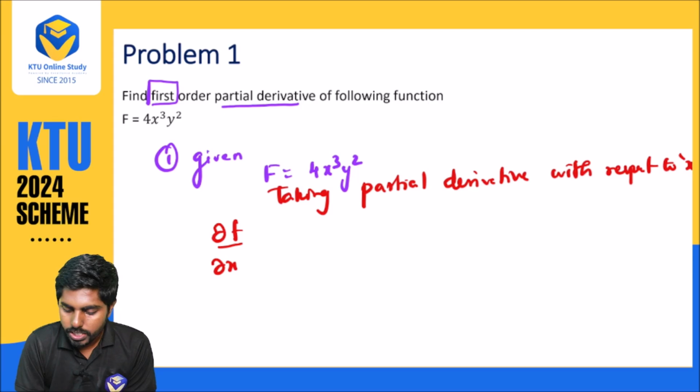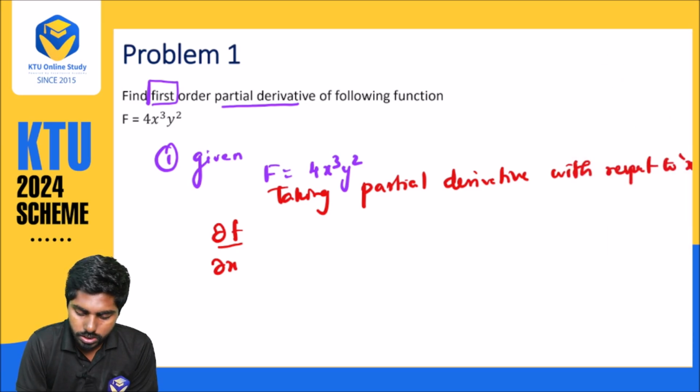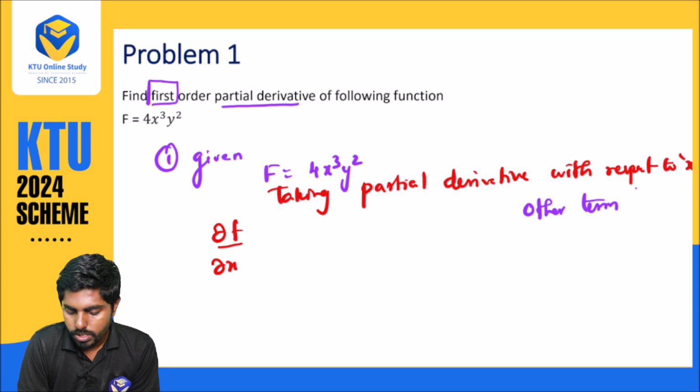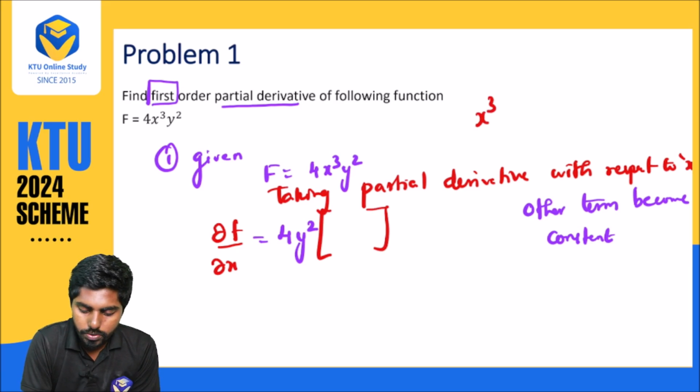When I am taking it with respect to x, the other terms become constant. Here the other term is y square, so I am taking 4y square outside. Then the differentiation value of x cube is 3 into x power 3 minus 1.